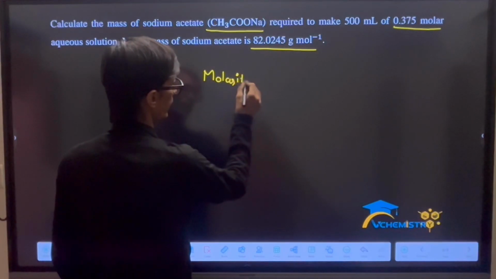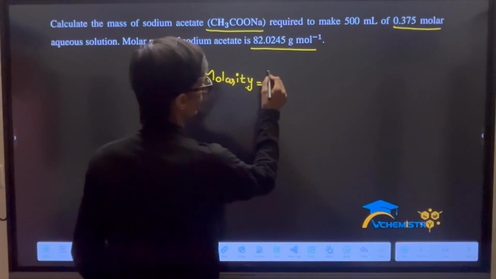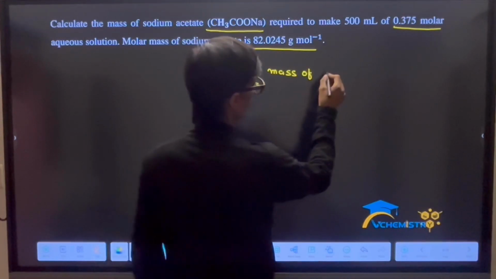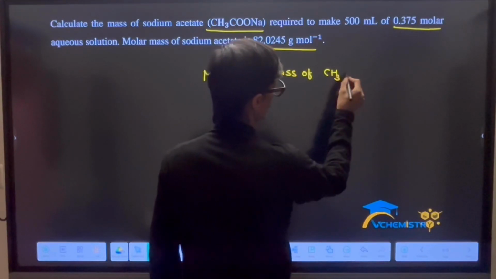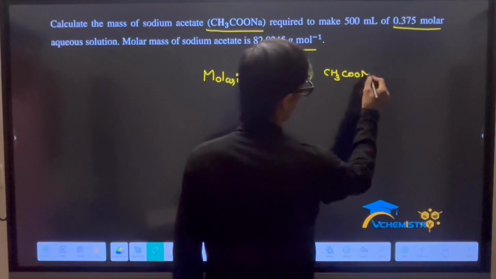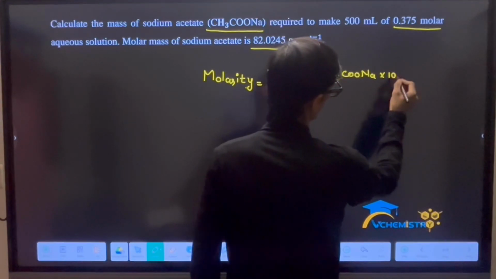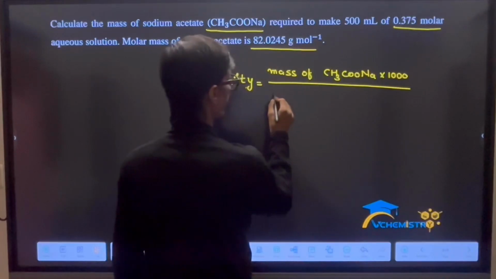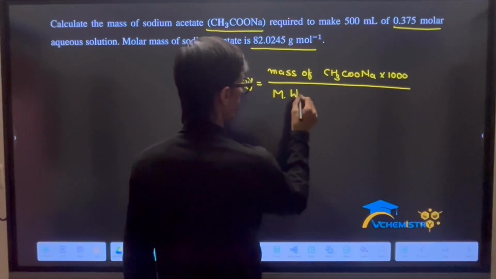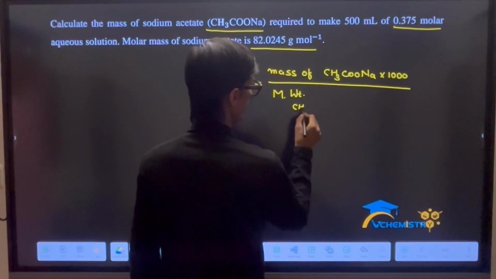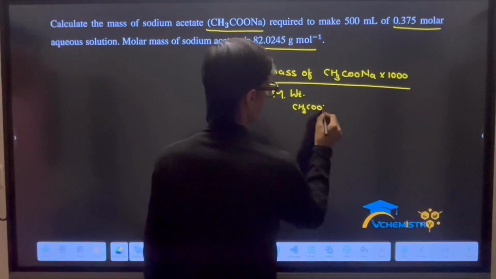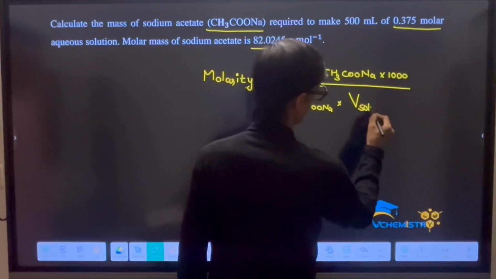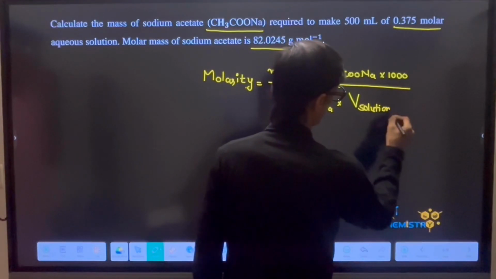Molarity is equal to mass of sodium acetate, CH3COONa, into 1000 divided by molecular mass of sodium acetate into volume of solution in ml.